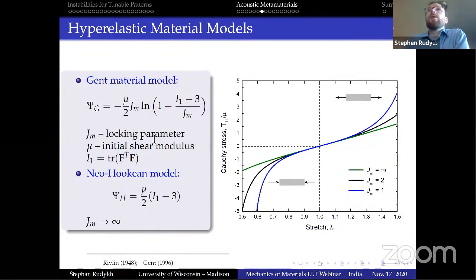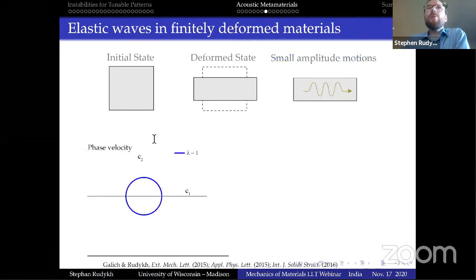So in that sense, I will be using this to tune the stiffening with deformation as we continue. For homogeneous materials, when there is no deformation, this polar plot of phase velocity, normalized again, shows the material is isotropic, and so there is no preference in the direction of propagation.